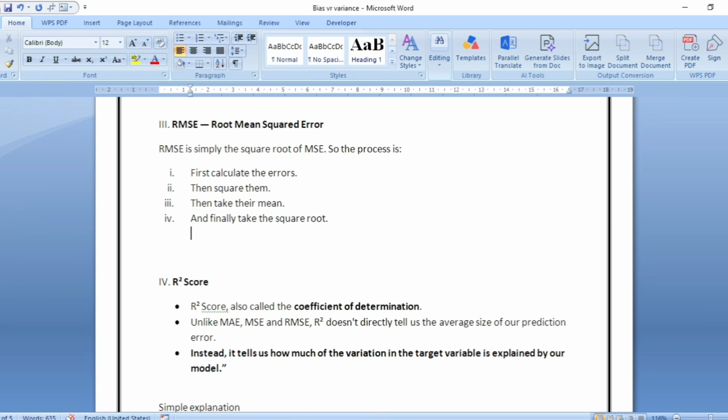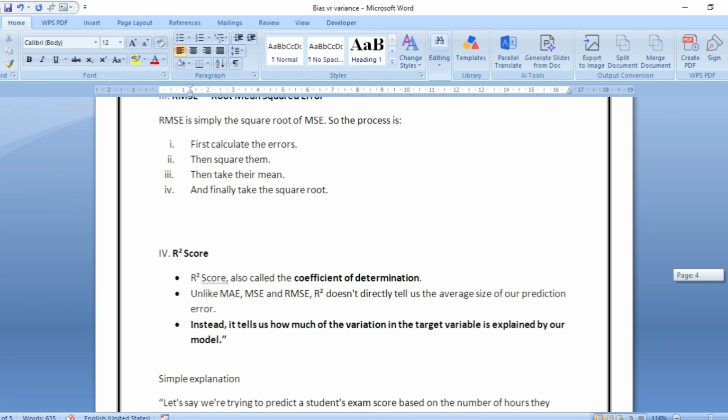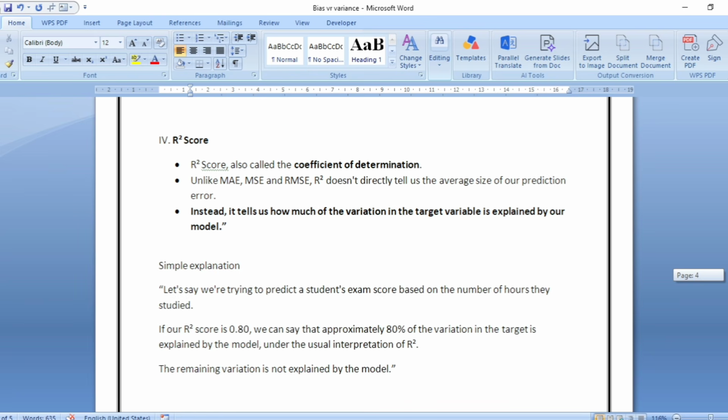The final one is R2 score. Now let's move on to the fourth metric, which is also called the coefficient of determination. Unlike mean absolute error, mean squared error and root mean squared error, R2 doesn't directly tell us the average size of the prediction errors. Instead, it tells us how much of the variation in the target variable is explained by our model.